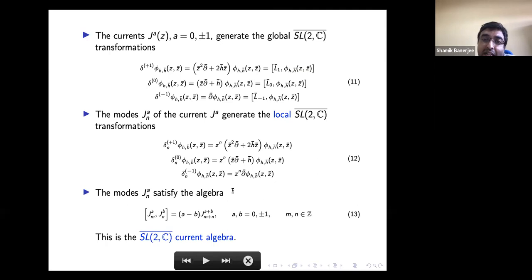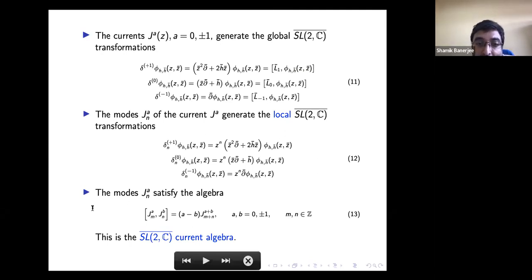In the standard way, they become infinite dimensional. We can define these local transformations, delta plus 1, n, delta 0, n, where n is an integer, acting on phi in this particular way, and then delta naught n and delta minus 1 n. They are essentially the actions of the modes of this current JA.